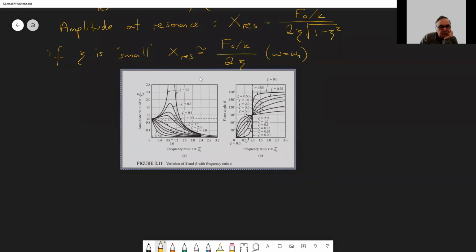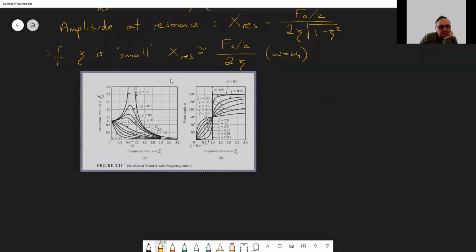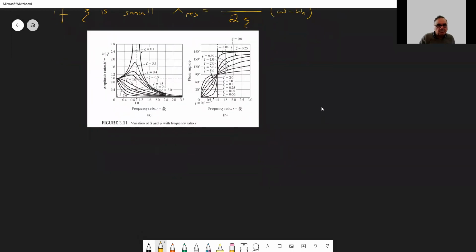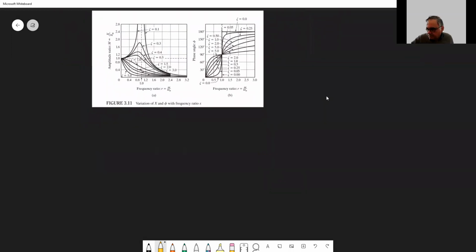Let's keep this picture here so that we will talk about this result we have obtained. First of all, as I have said, the resonant frequency is equal to the natural frequency times root 1 minus 2 zeta squared, okay?